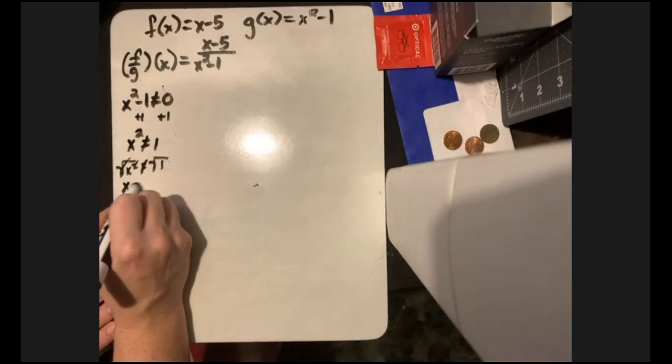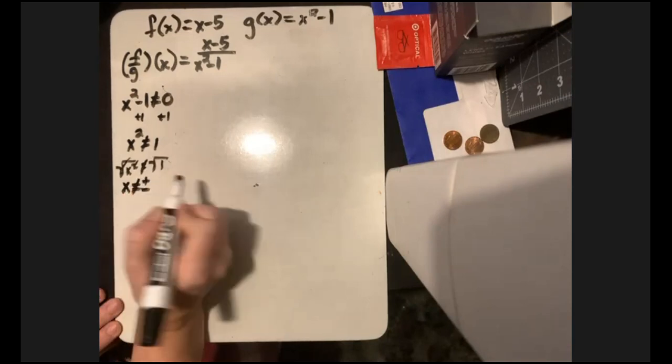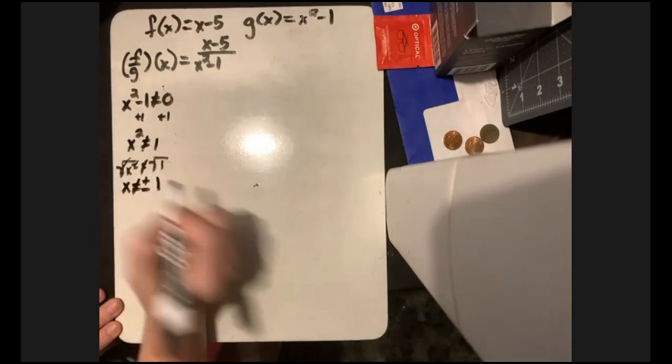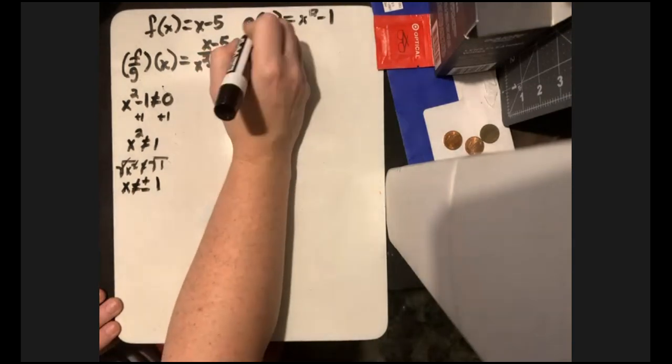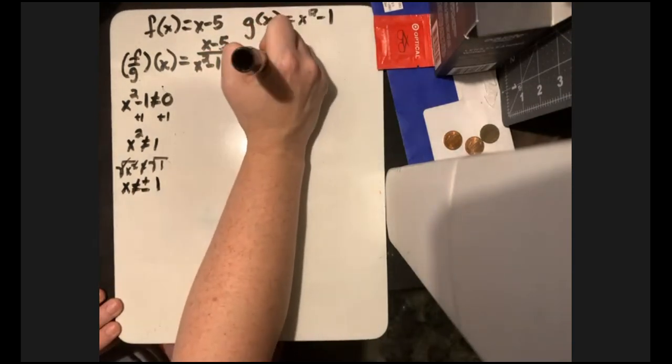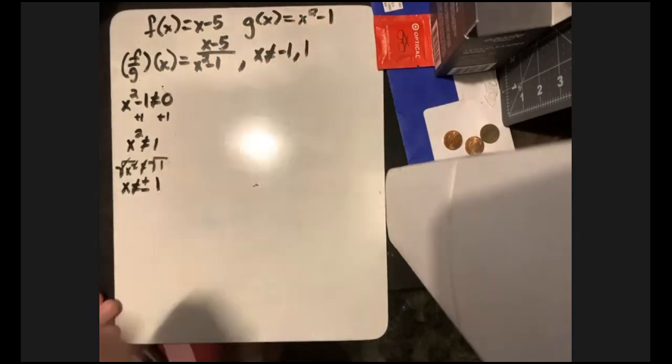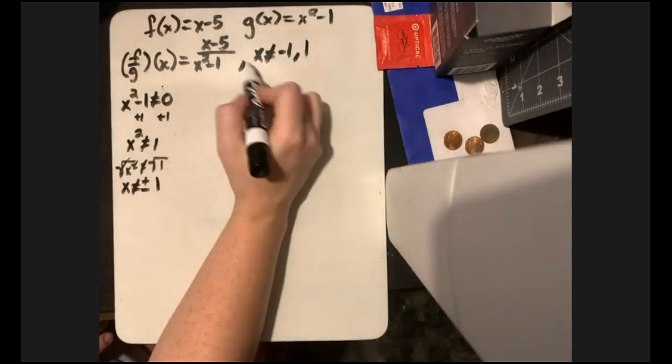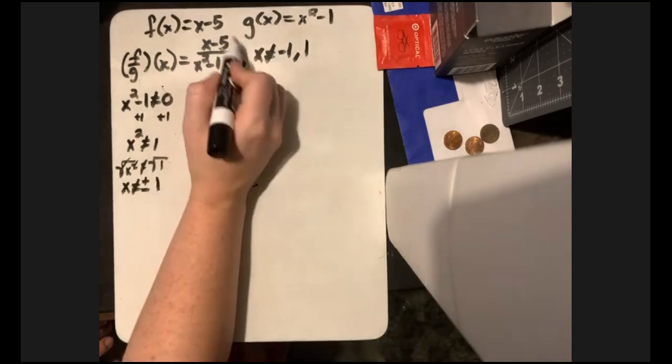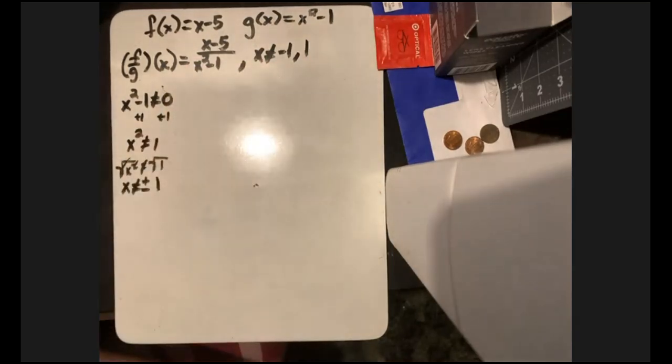So x can't be plus or minus the square root of 1, which is 1. So we would add the stipulation up here: x cannot be -1 or +1. So this is an added stipulation. It came up because we all of a sudden have a fraction, and so you've got to bring that into consideration and make sure that the denominator cannot equal 0.